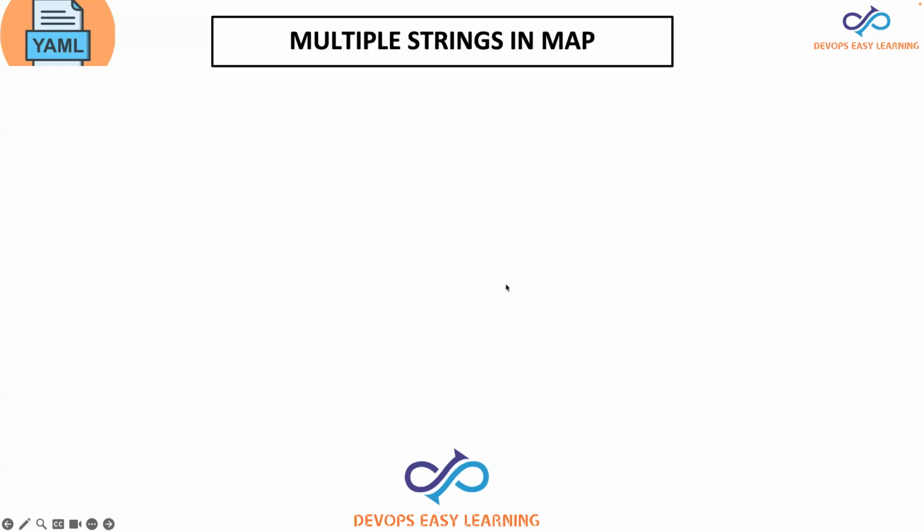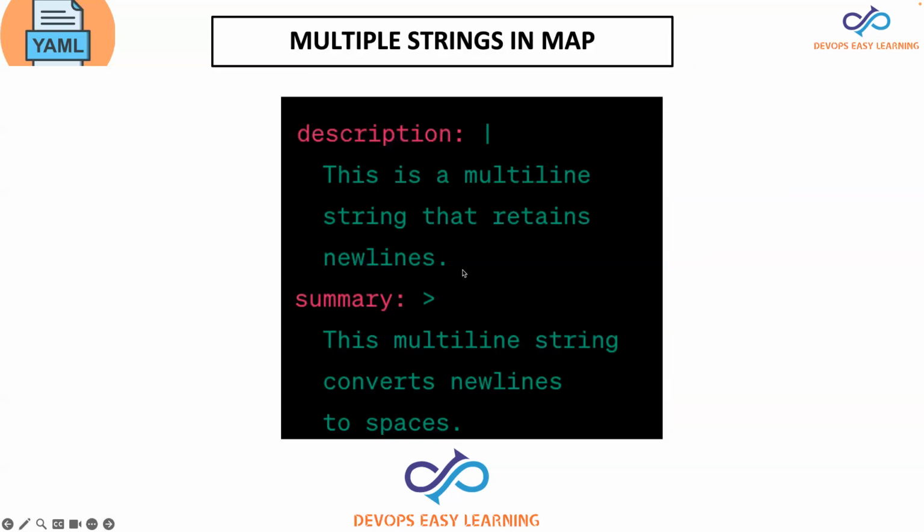Now we are going to talk about a multi-string in map, right? Multi-string in map. So for example, in YAML, sometimes when you want to input multiple lines, you can either use this bar or you can use this sign. So both are the same.